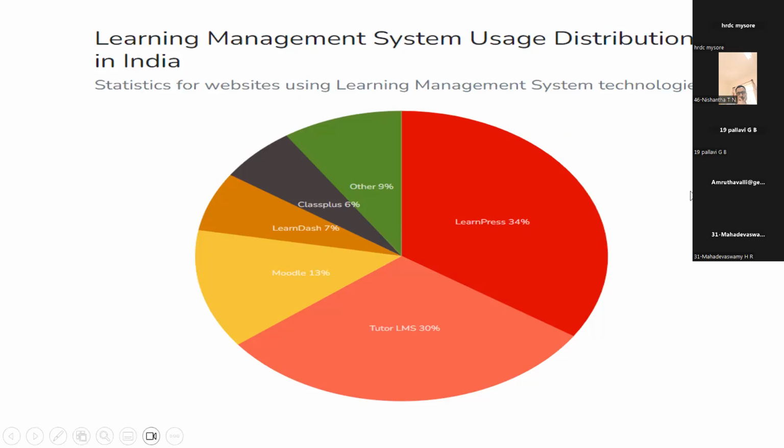LearnPress is the highest, with 34% of the universities using it, and another 30% are using Tutor LMS. Then Moodle is very popular in our country and also in some developing countries. Nearly 13% of educational institutions are using Moodle.